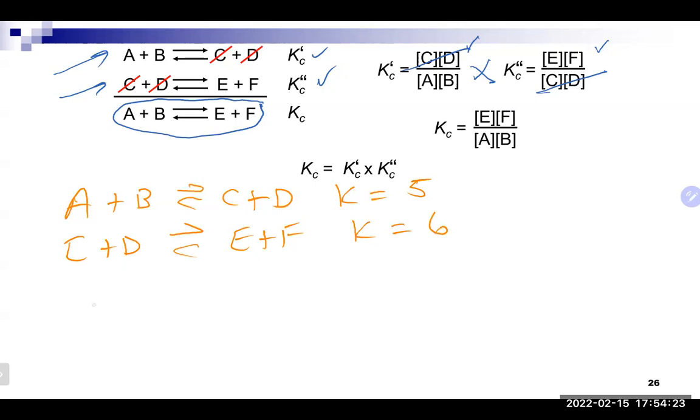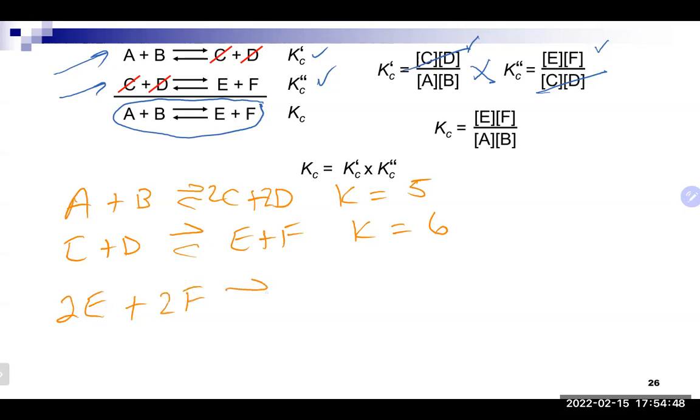So let's say we wanted to figure out what the K value would be. Actually, we'll do it this way. We'll make it like this. There we go. Let's say we wanted to figure out what the K value would be for this reaction.